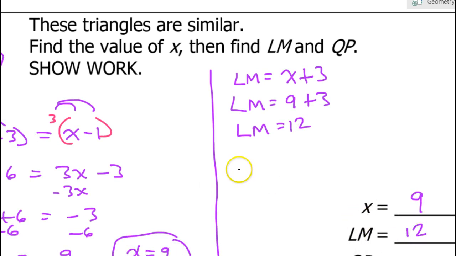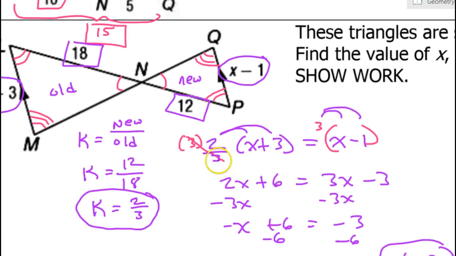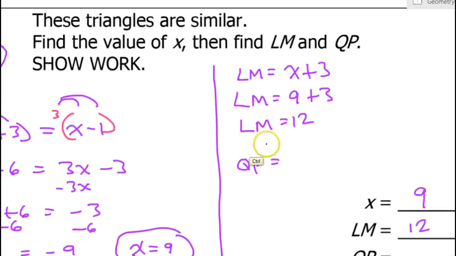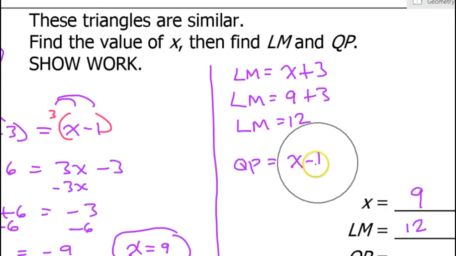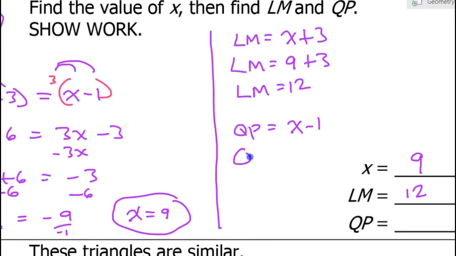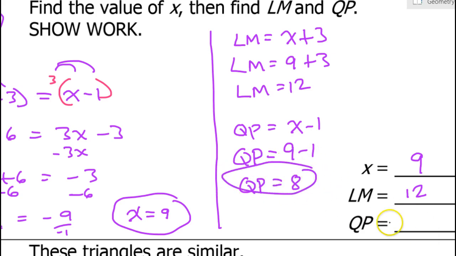And finally, we need to find QP. Looking back at the diagram, QP is x minus 1. So x minus 1. And again, x is 9. So this will be 9 minus 1, which means that QP will be 8. So QP is 8.